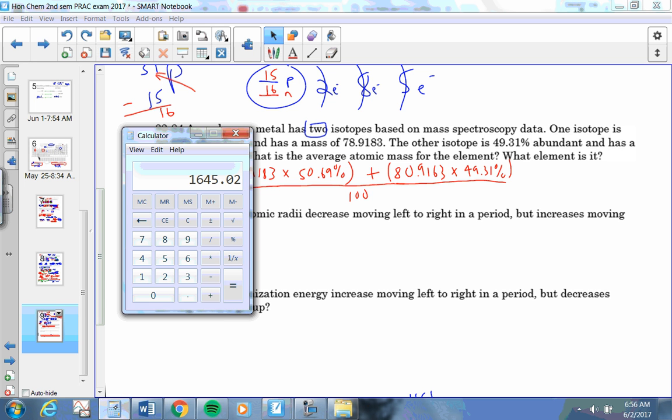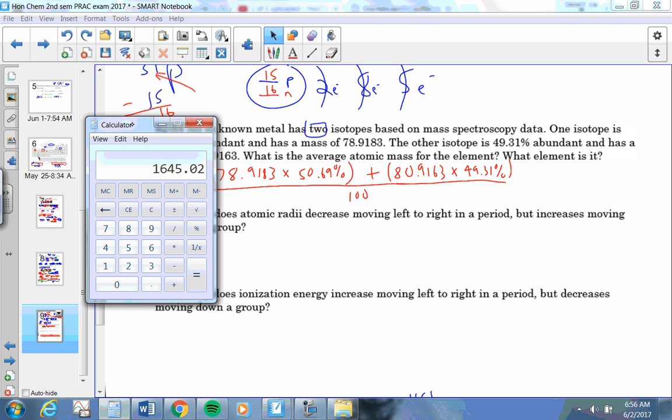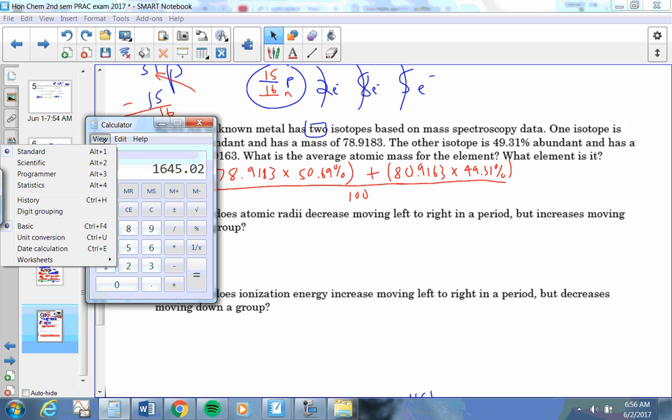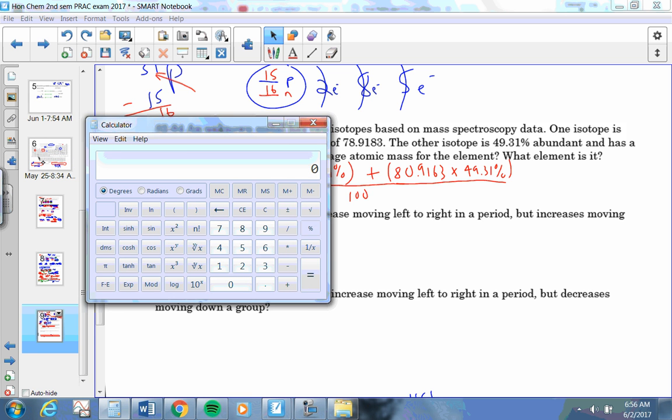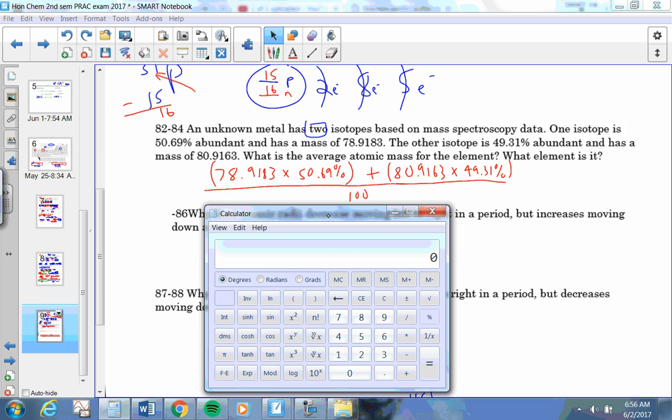This is where you might want to use a scientific calculator, and I always struggle with these, but I'm going to give it a try.